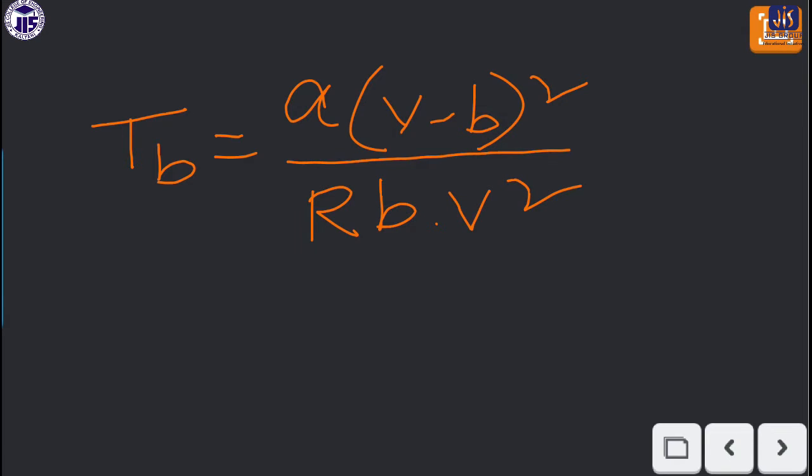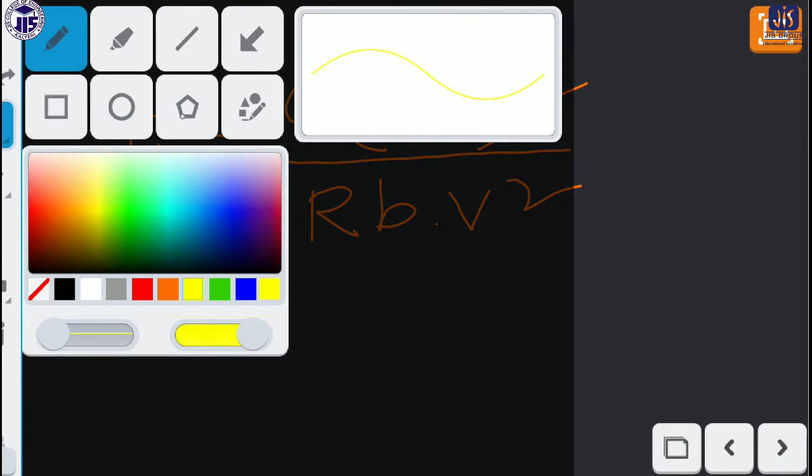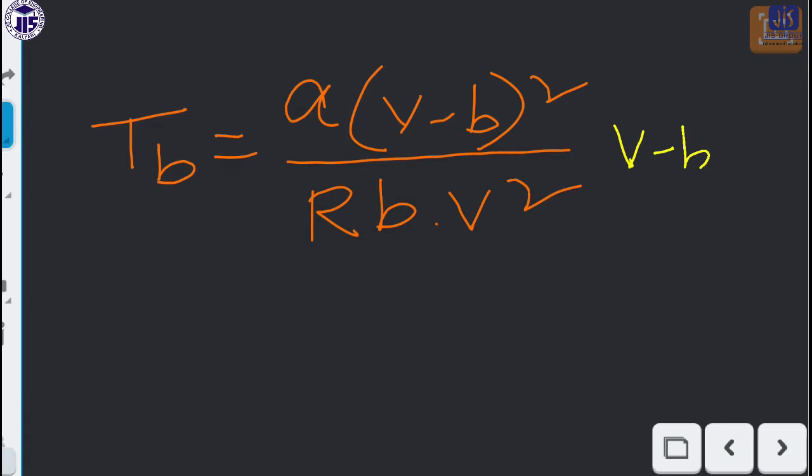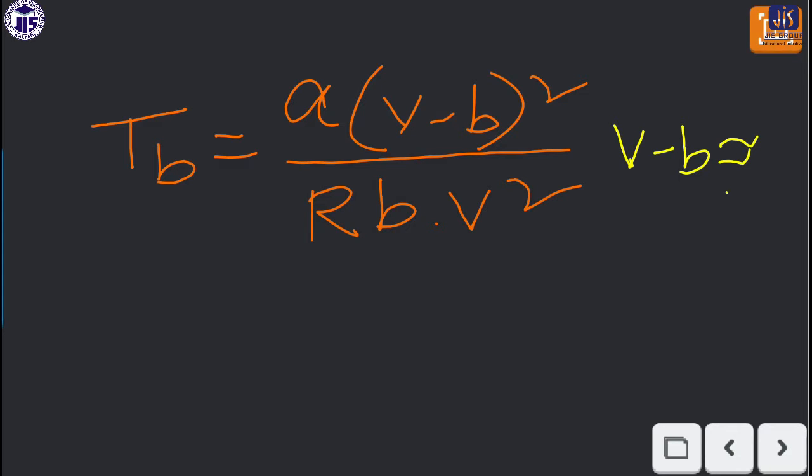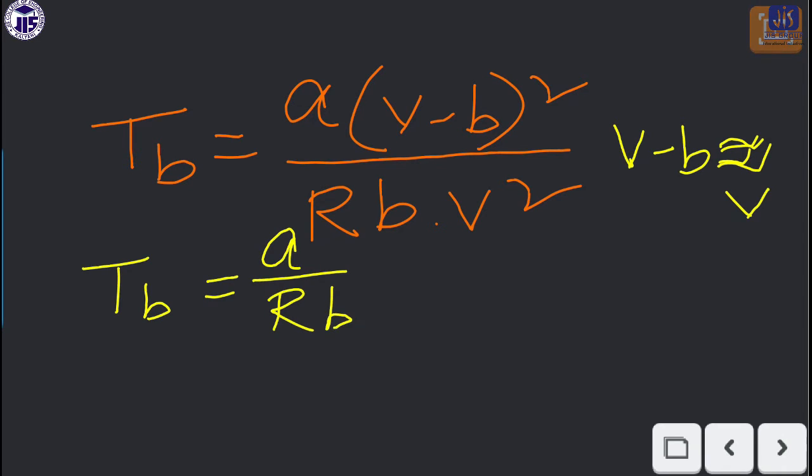Now at a very low pressure, the volume will be sufficiently large, so we can consider that V minus B is more or less equal to V. Then we can write that TB is equal to A by RB. Okay, so you have to keep in mind this equation.